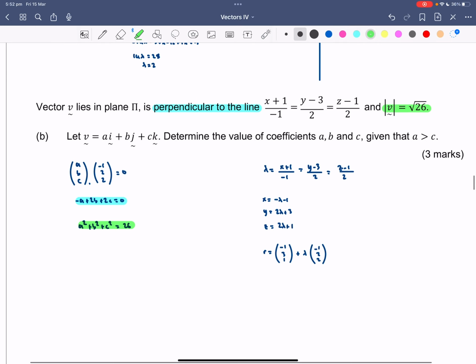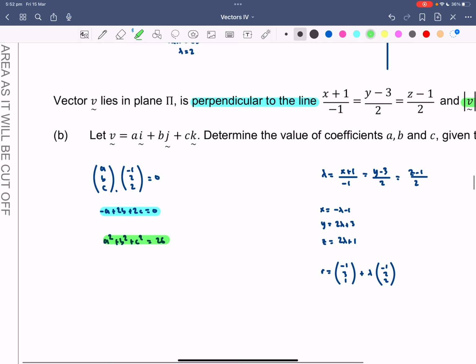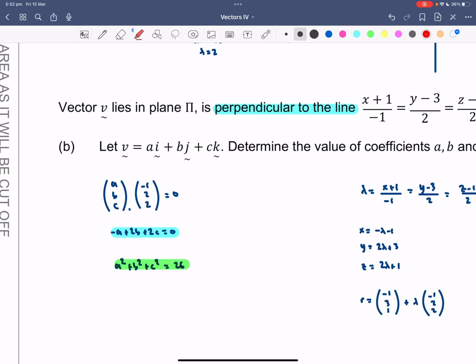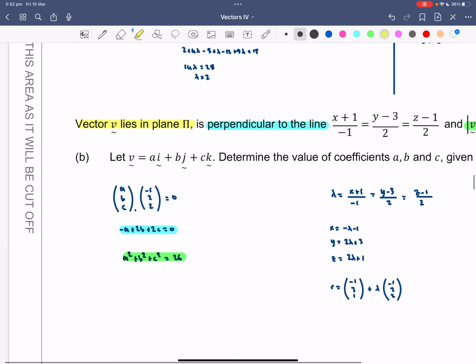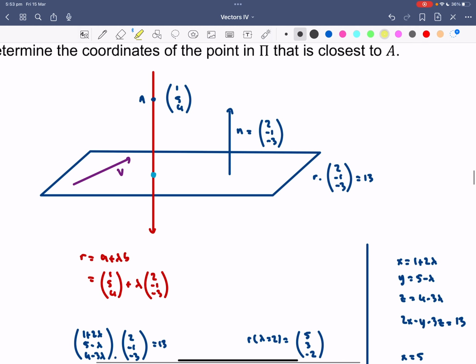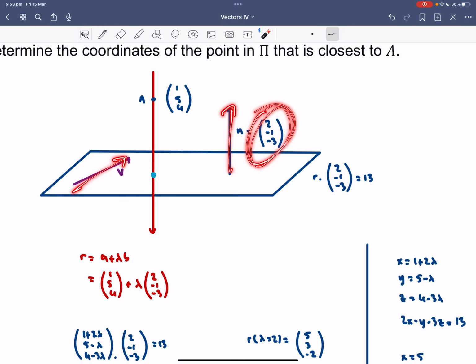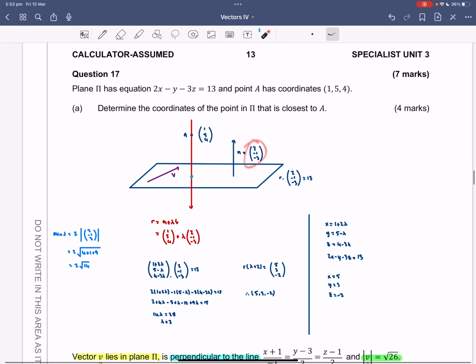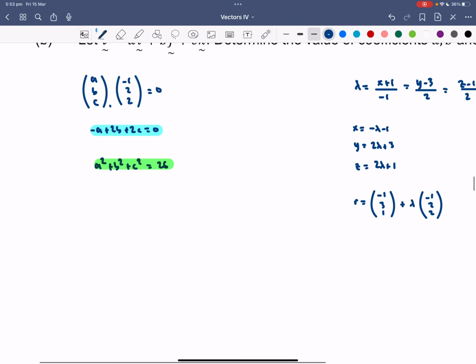And thirdly, what information have I not used yet? I've not used the information that vector v lies in the plane. If vector v lies in the plane, it means that vector v is also perpendicular to (2, -1, -3). So let's write that down.